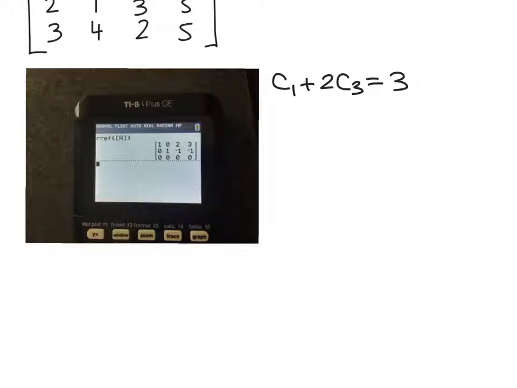And then I'll leave a little space below because I want to manipulate it algebraically. And then I would say C2 minus C3 equals -1. And then we have the row of all zeros. It really is 0C1 plus 0C2 plus 0C3 equals 0.